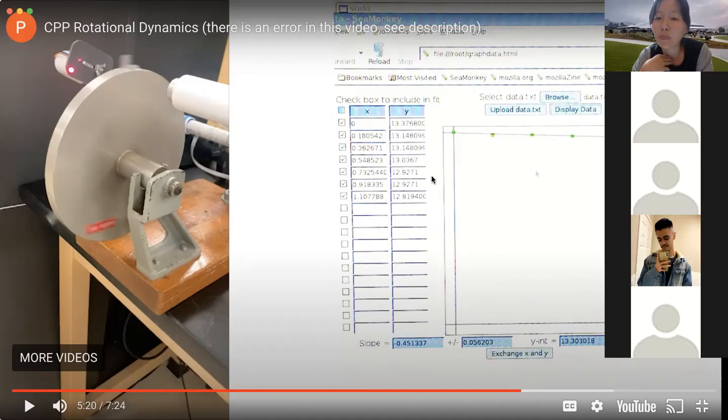Okay. So if we use that second video, will we get the same? Our lab will still be correct? If you use the second video, then the slope they give you is a linear acceleration. It will not be an angular acceleration. You have to divide all the data you take from the second video by the radius r of the third smallest wheel to get the alpha.